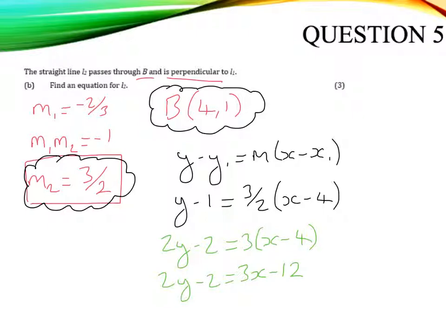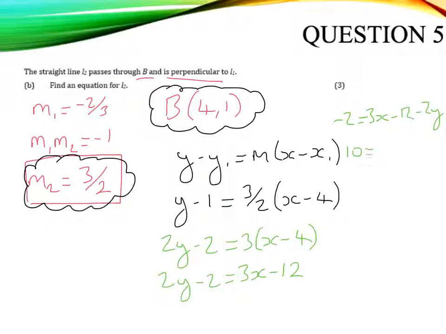If I take 2y from both sides and add 12 to both sides, then I end up with minus 2 equals 3x minus 12 minus 2y, and add 12 to both sides.